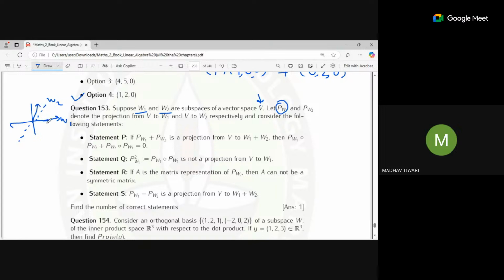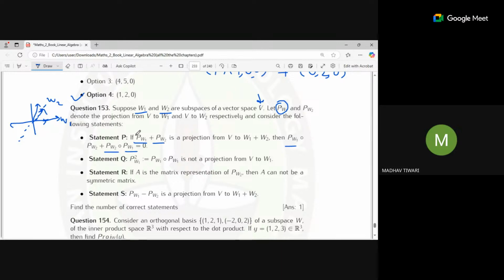If you find its projection, it will lie somewhere here, and if you find its projection along this, it will lie somewhere here, this vector. So it is saying that the projection on W1 plus the projection on W2 is the projection from V to W1 plus W2. Then the projection of W1 on W2 and W2 on W1 will be 0.